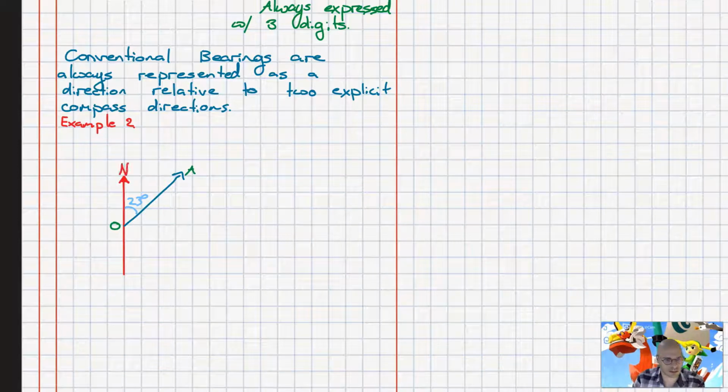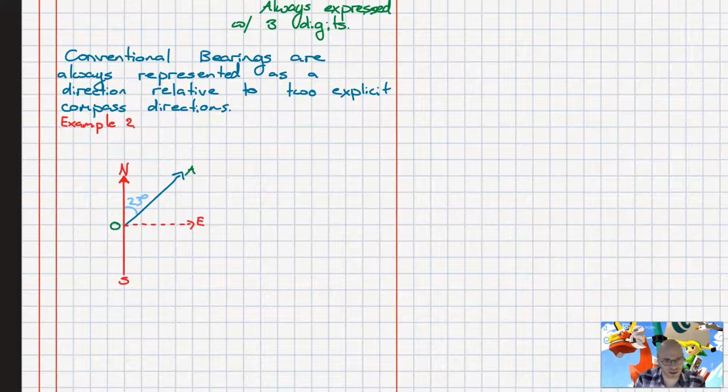and we are pointing north like here. Now for a conventional bearing, what we do is we reference it relative to two different compass directions. So we've got north and we have east, and down here we have south, and the west isn't represented because it's not necessary.